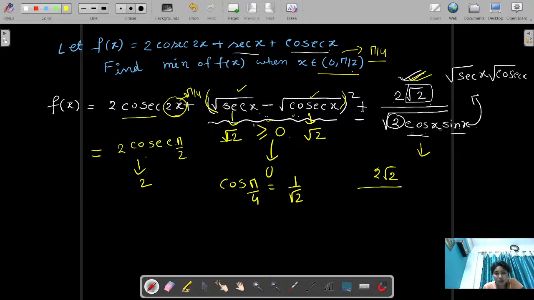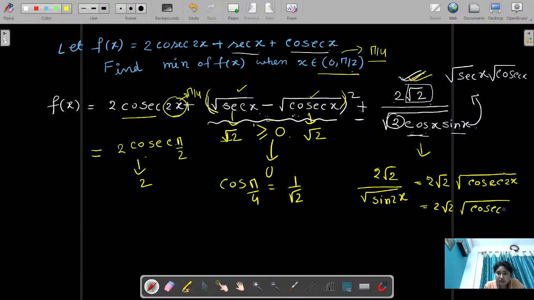Root under 2 into sin x cos x means this is my root under sin 2x, which I can write as 2 root 2 into cosec 2x, under root cosec 2x, which will be equal to 2 root 2 and root under cosec pi by 2. Pi by 2 is 1, so 2 root 2.